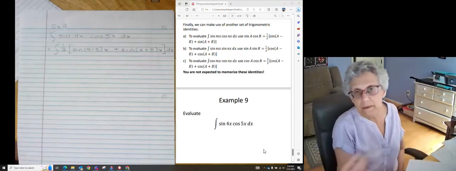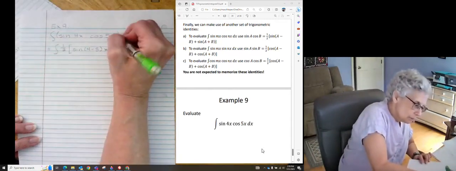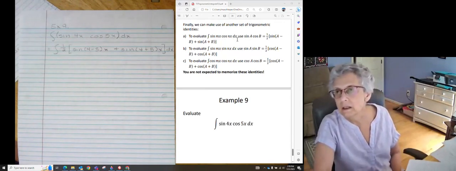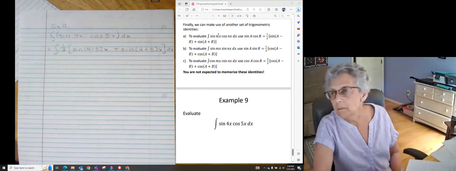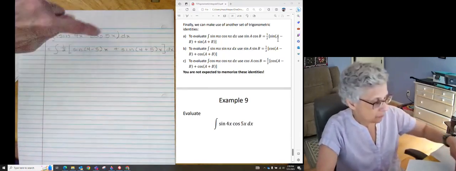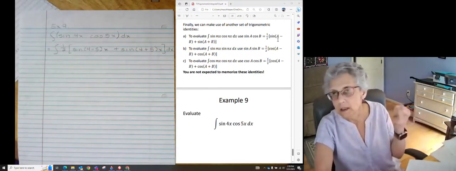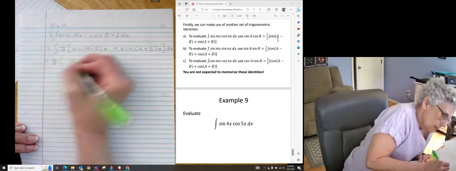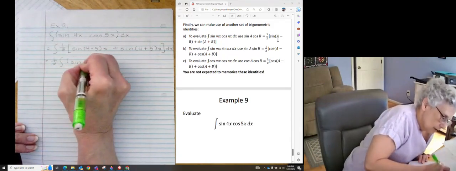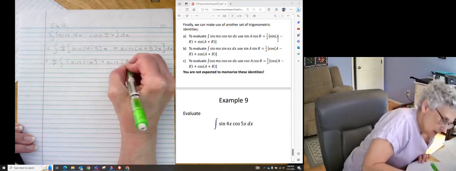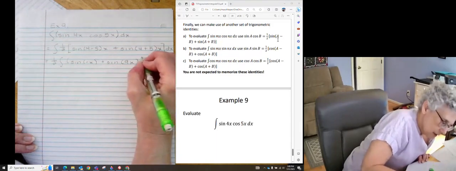So I wrote down my original integral, and then I looked up here and noticed it looked like sine times cosine. So my m was equal to 4 and my n was equal to 5. So I did half of sine of 4 minus 5x plus sine of 4 plus 5x, which is just 1/2 the integral of sine of negative x plus sine of 9x.